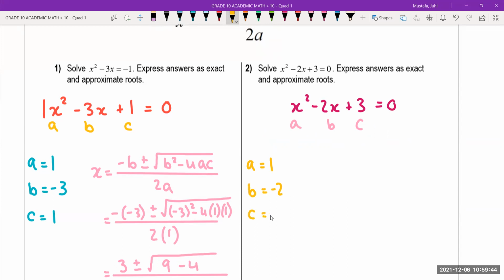This question kind of looks factorable, like when you're trying to factor it, all the numbers seem to work, but then at the end, you can't get that positive 3.